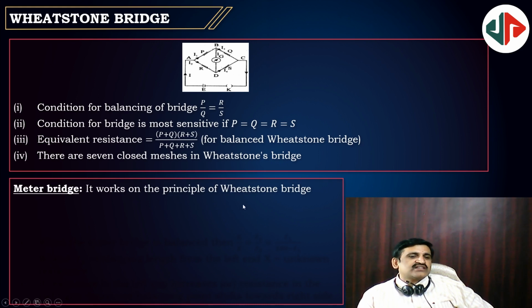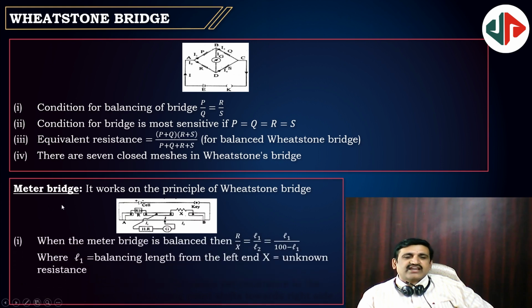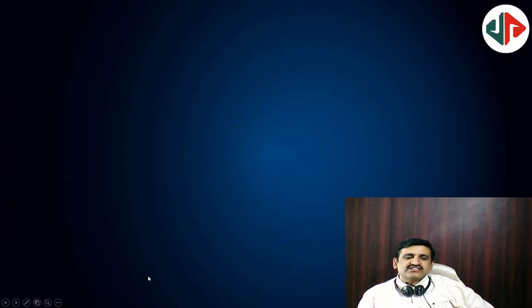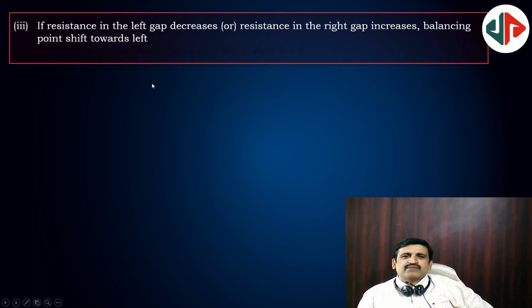Meter bridge works on the principle of Wheatstone bridge. Meter bridge will look like this: left gap, right gap, and a wire of 100 centimeter resistance. When the meter bridge is balanced, R by X equals L1 by L2, that is equal to L1 by 100 minus L1. So X can be found.